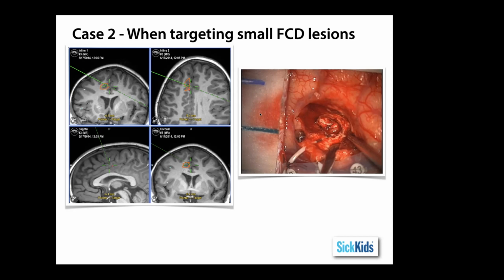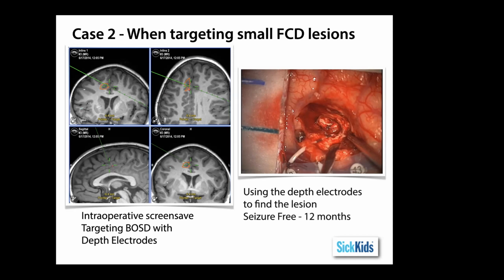And so placing a depth electrode right into it and then leaving it in place as we did a transsulcal approach to it allowed us to find the lesion very readily and make sure that we excised it completely. So technically, that's an interesting approach to some of these very small areas of bottom of sulcus dysplasia.